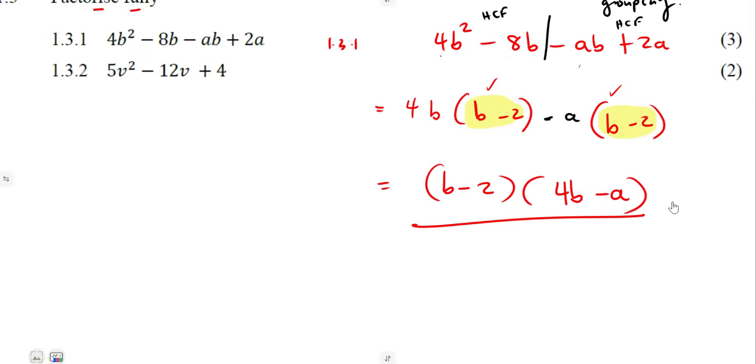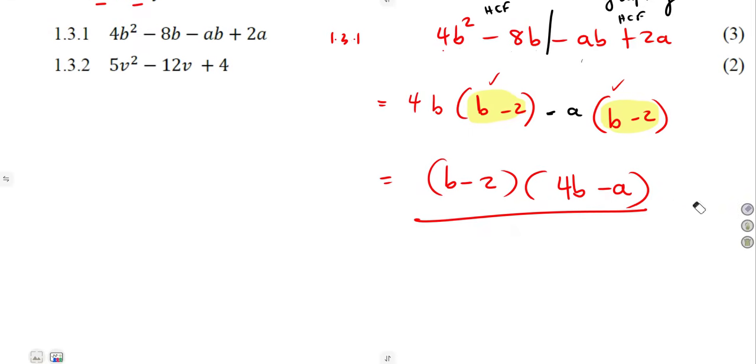All right, 1.32, still on our factorization. This one I have already said before, do not be limited, guys, on this type of factorization to say use this method. You can also use that same method. Don't be limited.